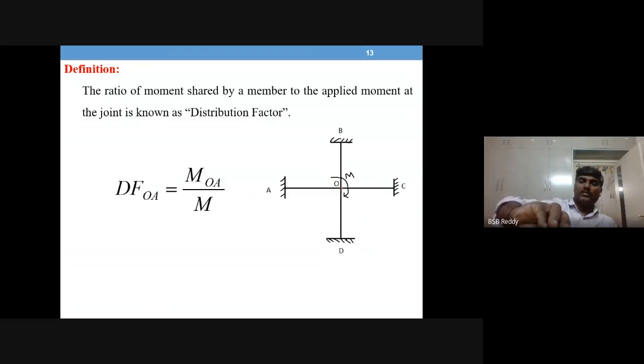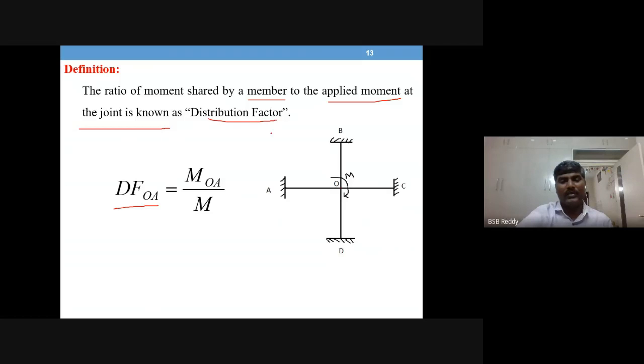The joint is rotated, not individual members. So what is meant by distribution factor? The ratio of the moment shared by a member to the moment applied at the joint is known as distribution factor.